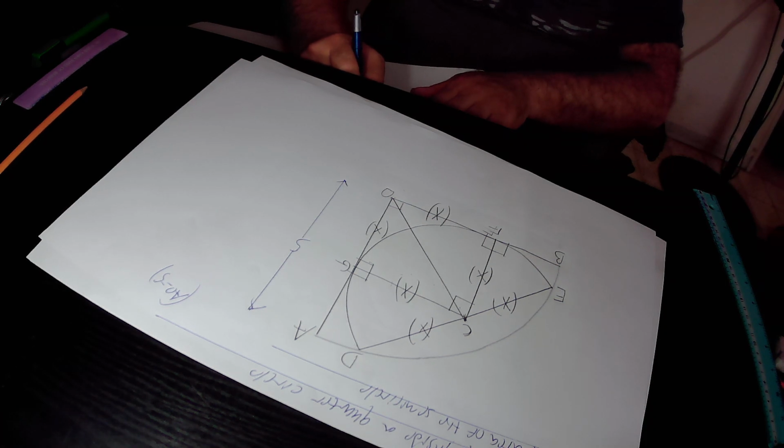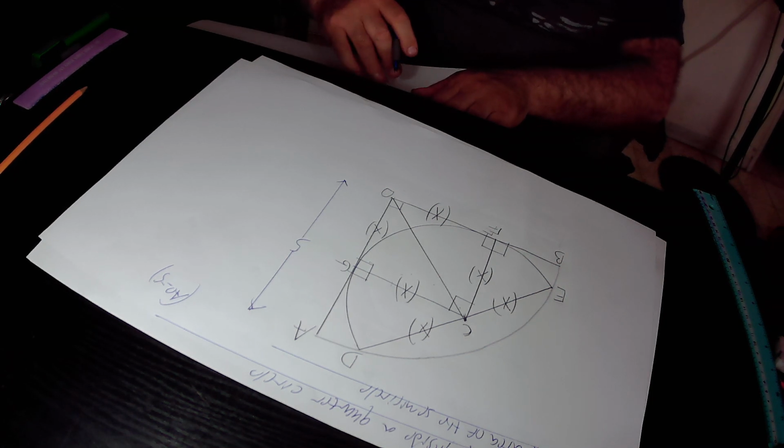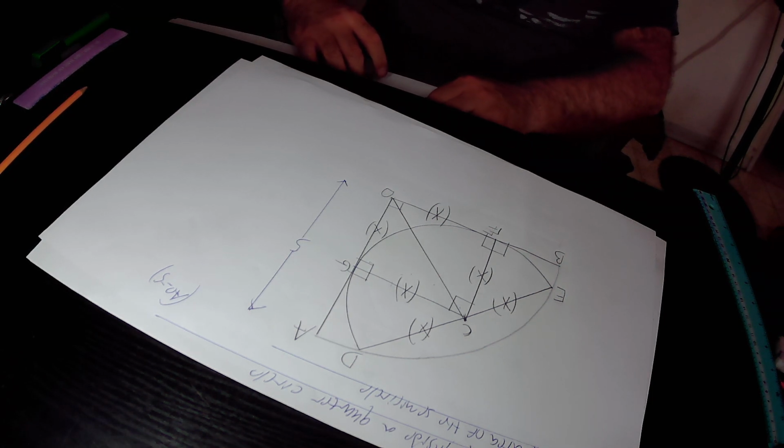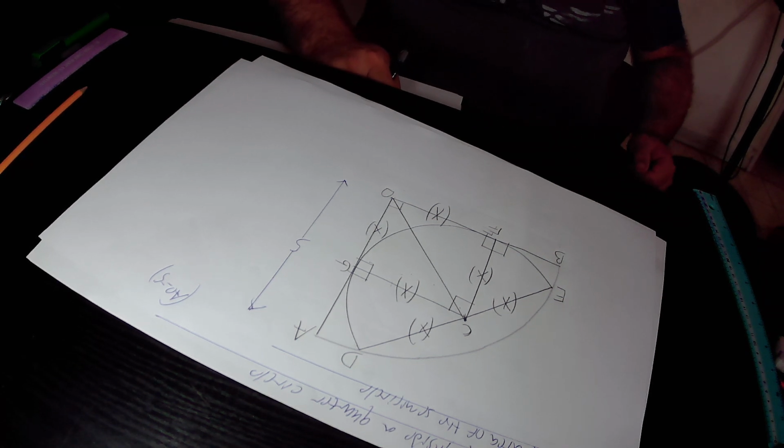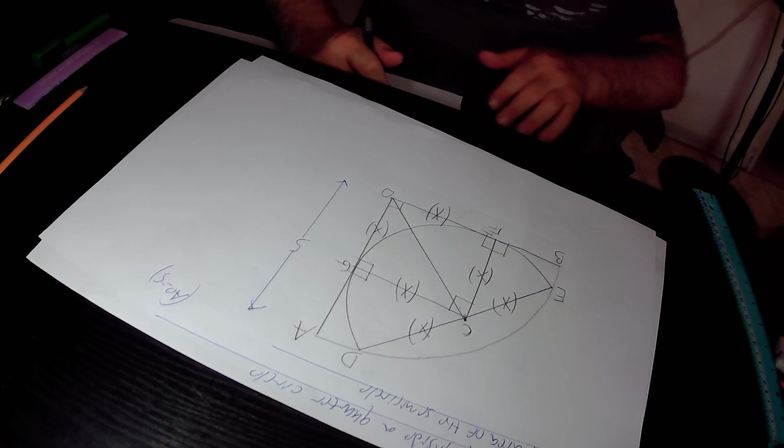Here by PT is the relation for Pythagoras theorem. According to the Pythagoras theorem, in any right triangle, the square of the hypotenuse equals the sum of the squares of the perpendiculars.